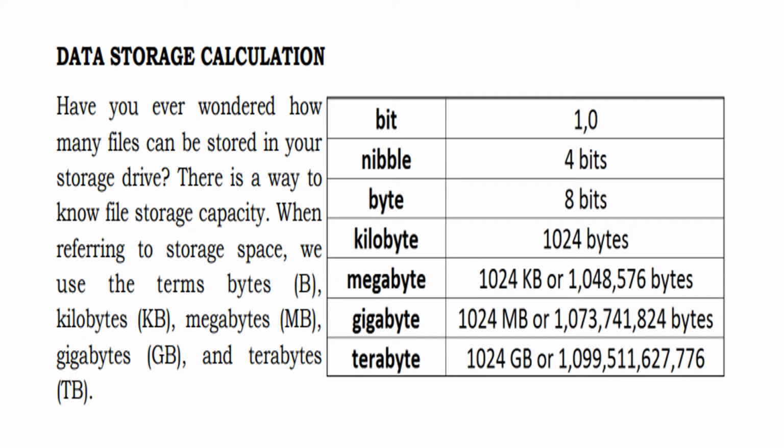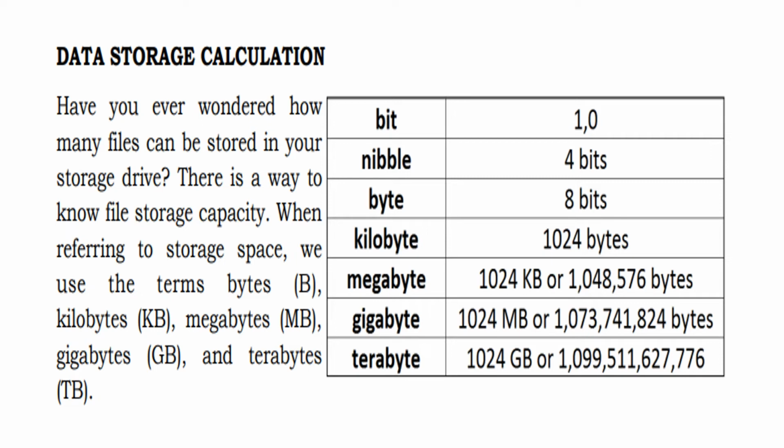To have a kilobyte, we need 1024 bytes. To make 1 megabyte, you need 1024 KB or kilobytes, or 1,048,576 bytes.